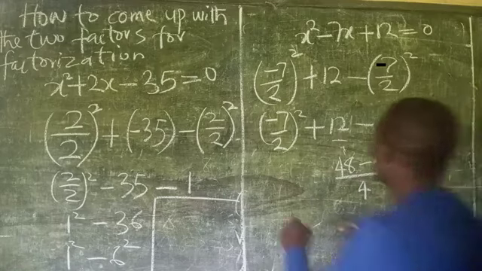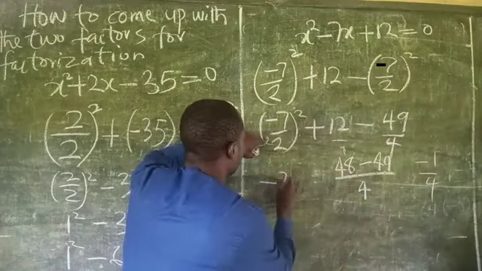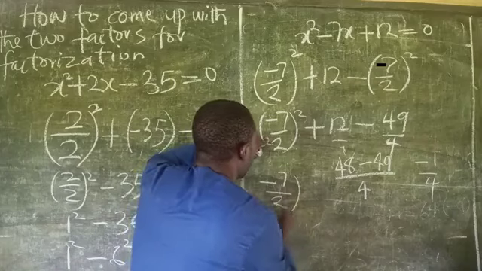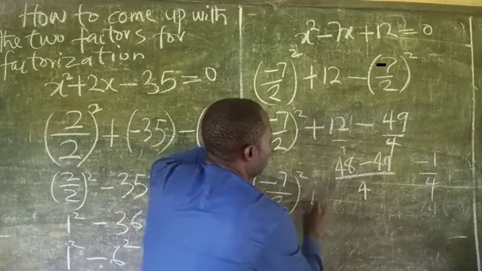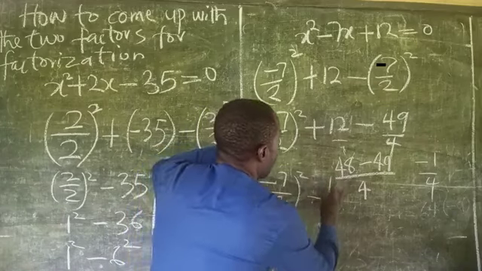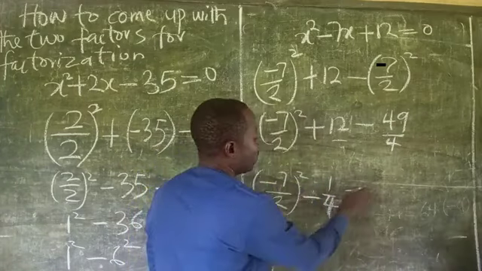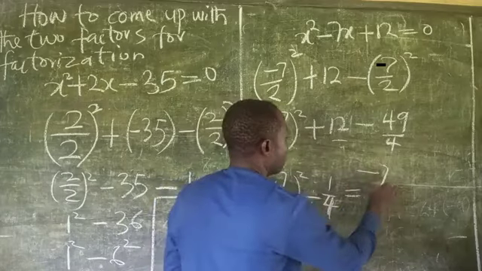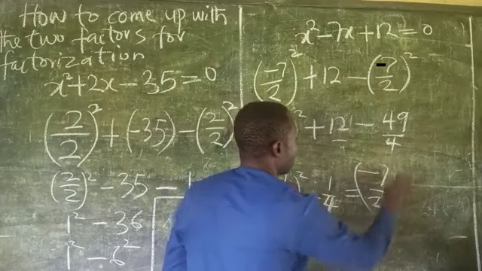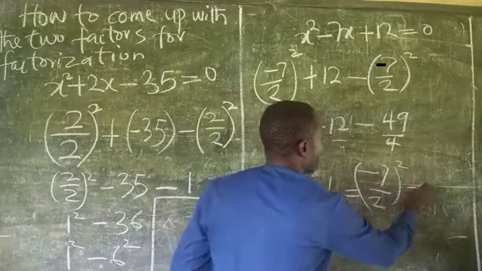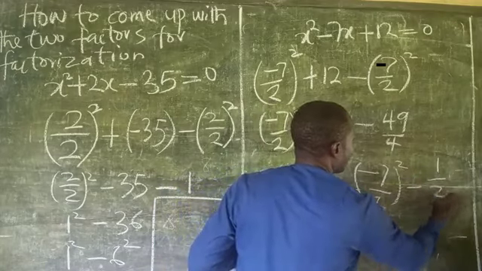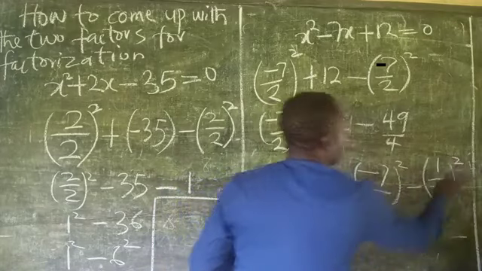And the entire equation becomes minus 7 over 2 squared minus 1 all over 4. This also is minus 7 over 2 squared minus 1 all over 2 squared. You see?